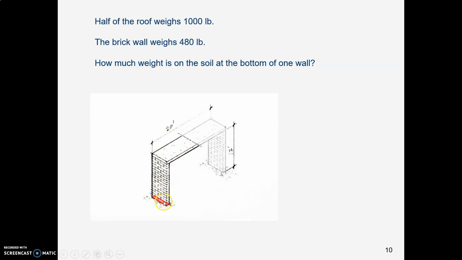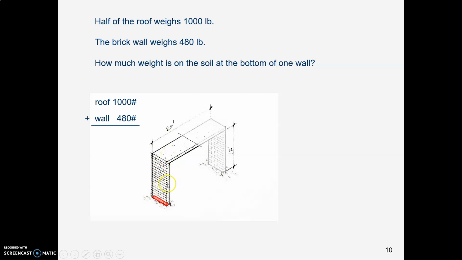Now let's work our way down to the ground. This brick wall happens to weigh 480 pounds, given the size of the brick, and it's 1 foot wide and 12 feet high. I just figured that out. So this brick wall weighs 480 pounds. The question is, how much weight is sitting on that soil at the bottom? Well, we've got 1,000 pounds of roof up here at the top.